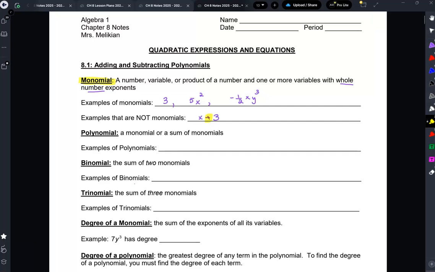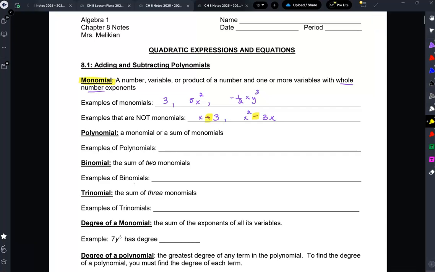I can only multiply numbers and variables in a monomial, not add or subtract them. Or if I have x squared minus 3x, this is not a monomial. So notice this minus, and notice the minus for the -1/2 on top. Do you see how they're different? They have different purposes. Okay. So that's a monomial.